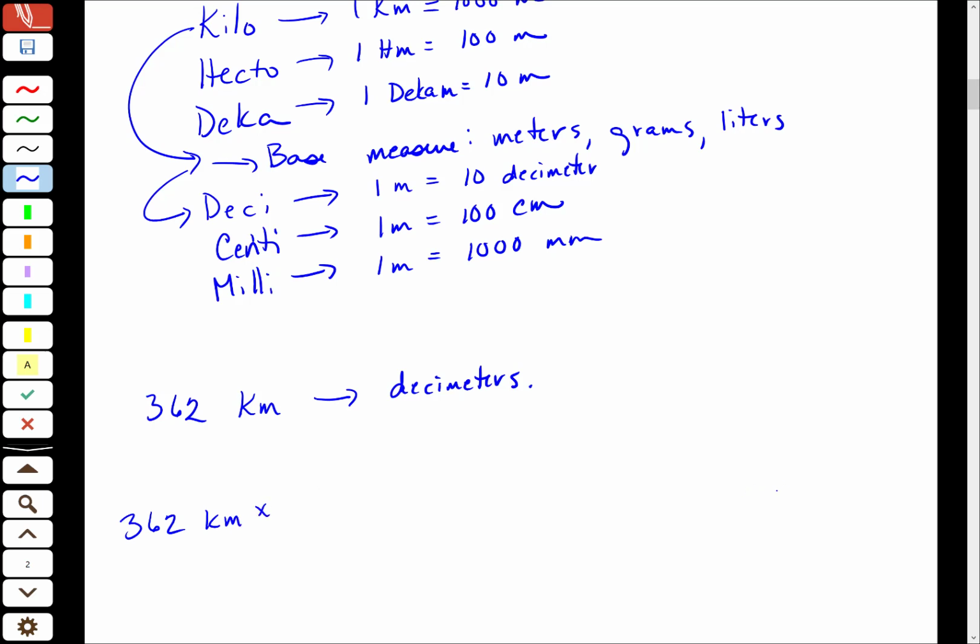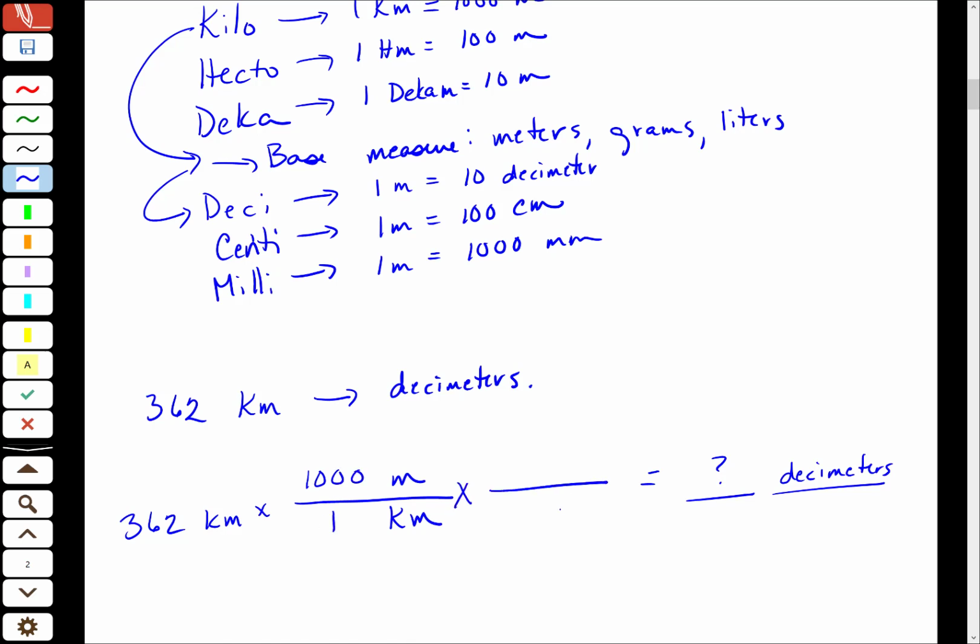The end is decimeters. And I want to know how many that is. Again, I'm going to use this conversion factor. Kilometers should be in the bottom. And then I'll put meters here, because I know there's 1,000 meters in 1 kilometer.